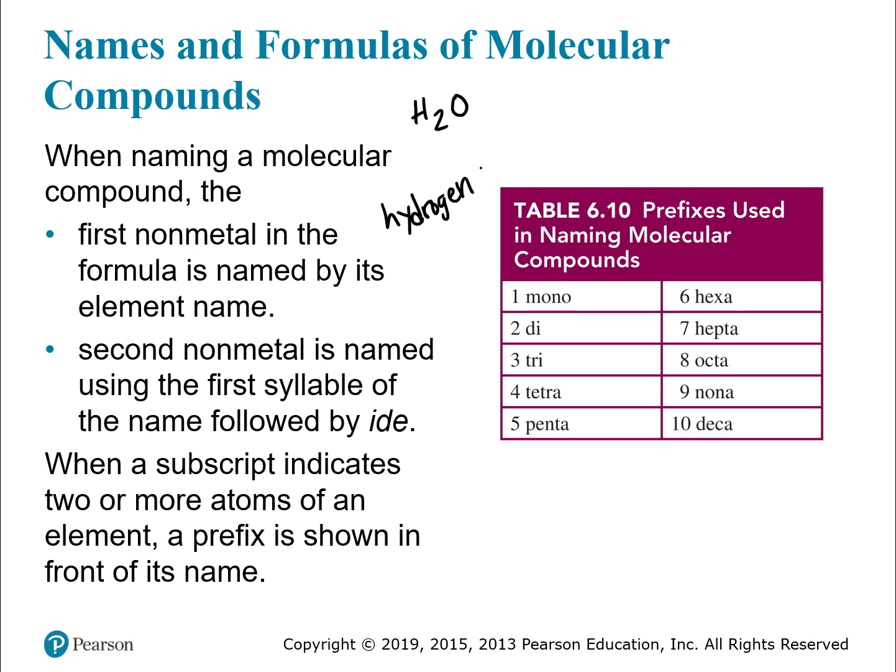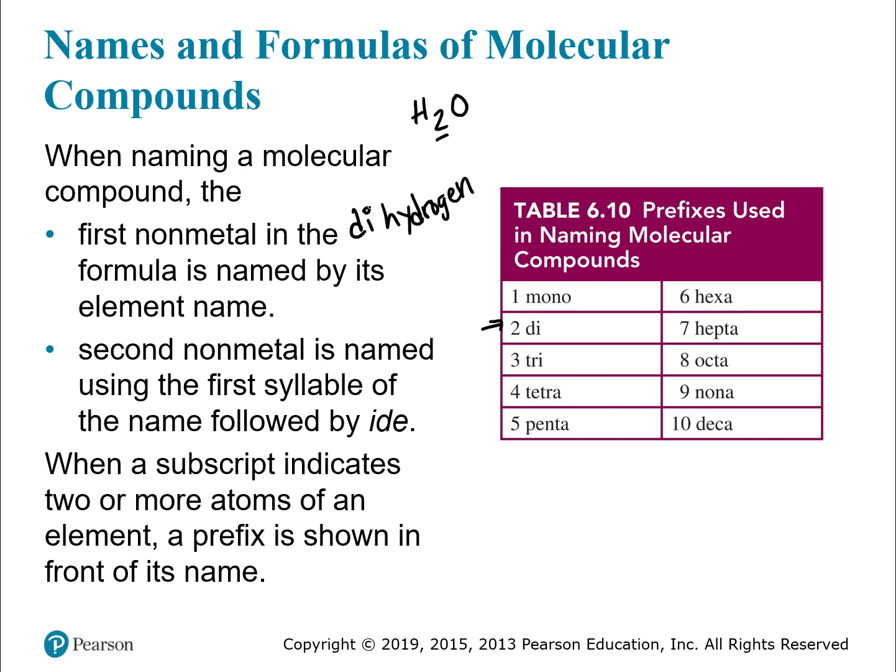That means that we have to use a prefix. The number of hydrogens that we have is 2. And you'll notice this chart that has the prefixes for naming molecular compounds. If there are two, then we use di. So our first part is dihydrogen.